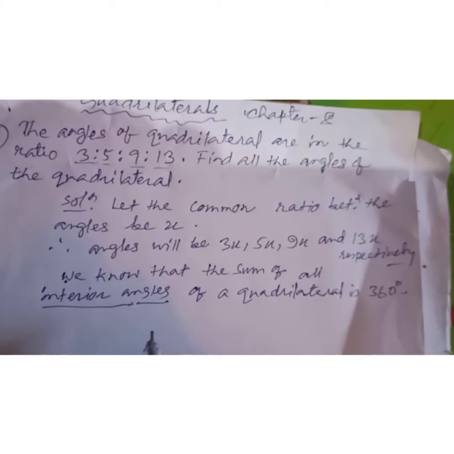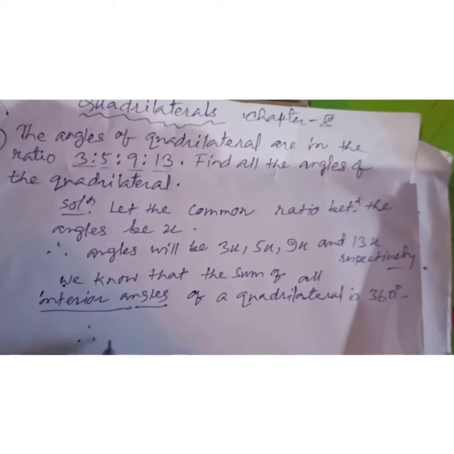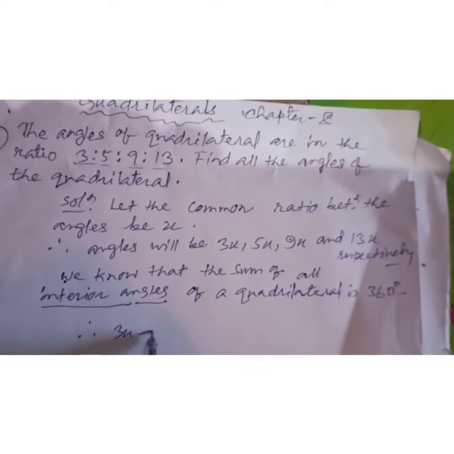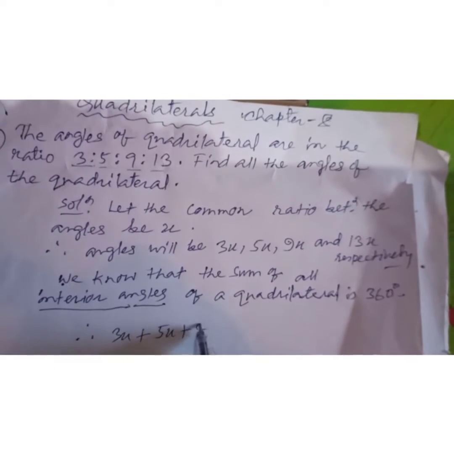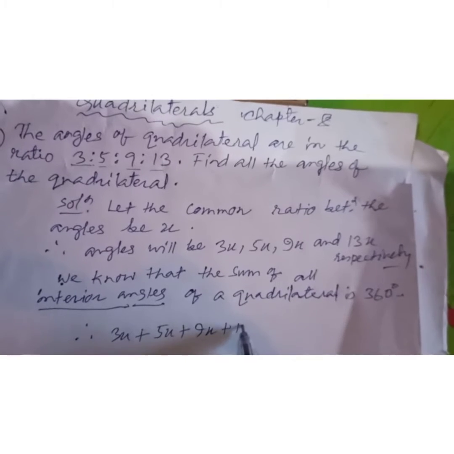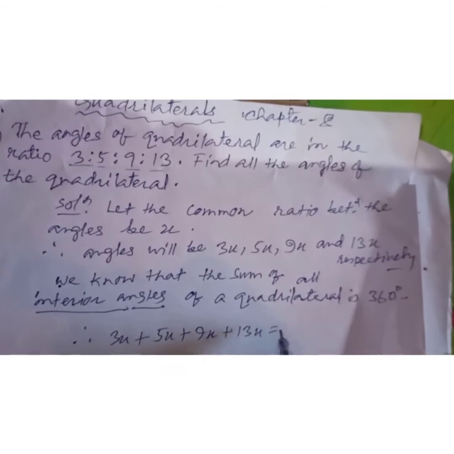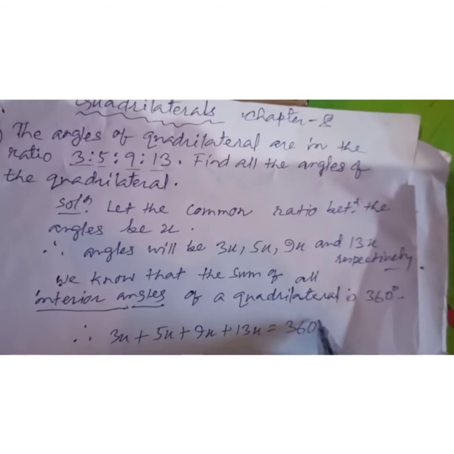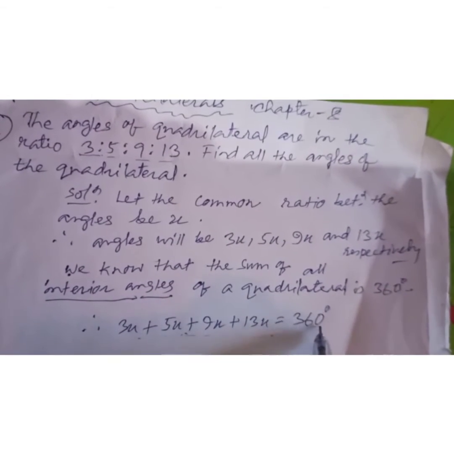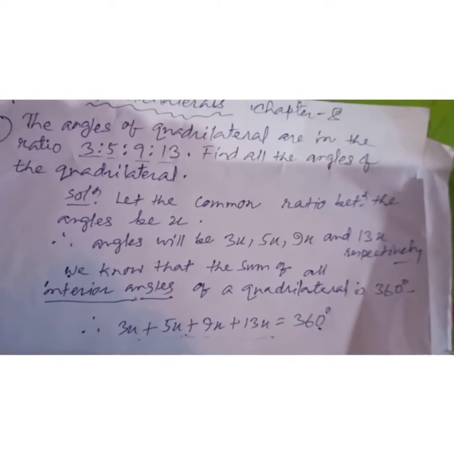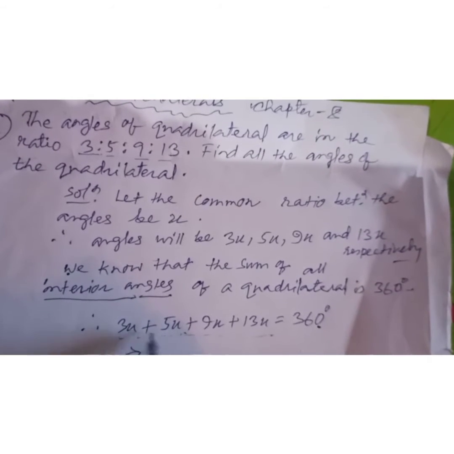So as per the question, 3x plus 5x plus 9x plus 13x equals 360 degrees. The sum of these angles is always 360 degrees.